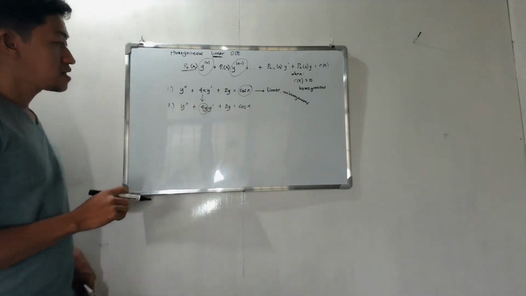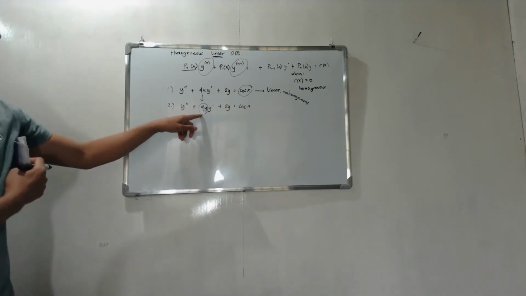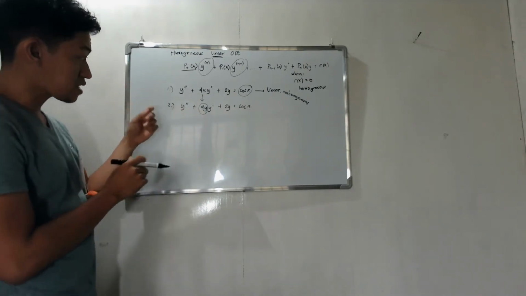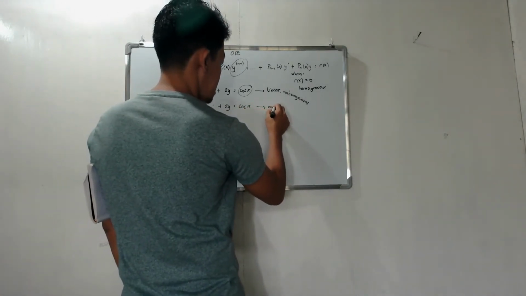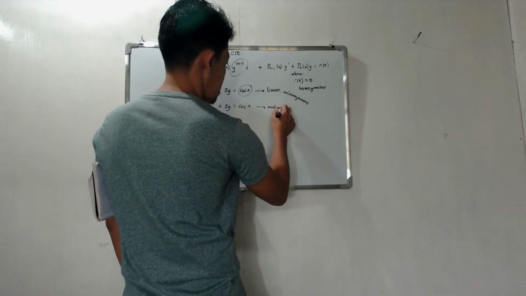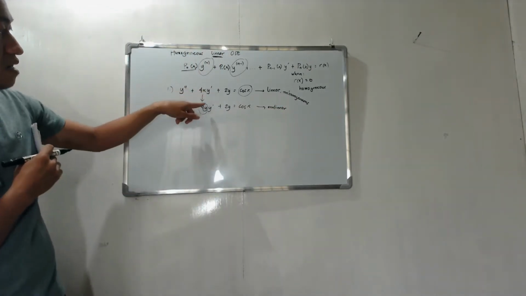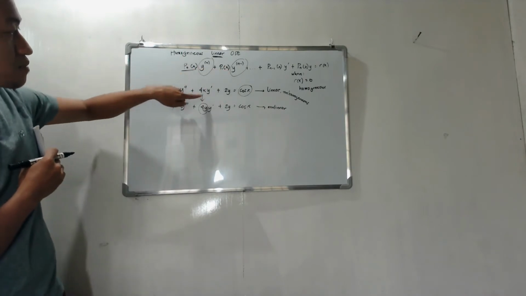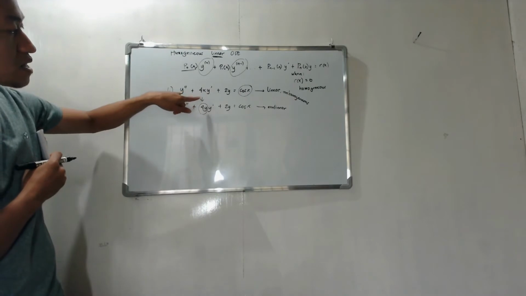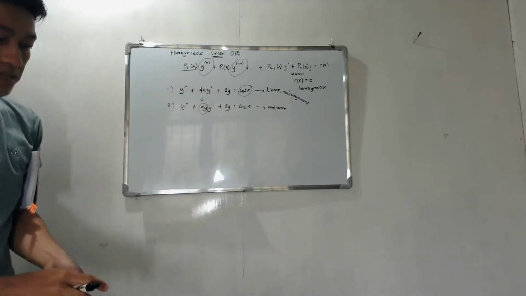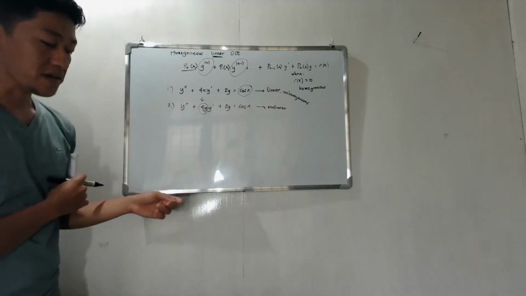Okay? Since meron siyang y na variable dito, this makes it non-linear. Okay? As long as function of x dapat yung nandito. Any function of x, kahit may sine or cosine, as long as there's no y. Okay?